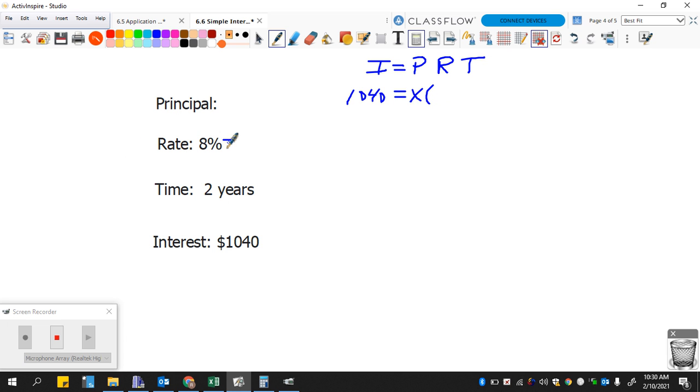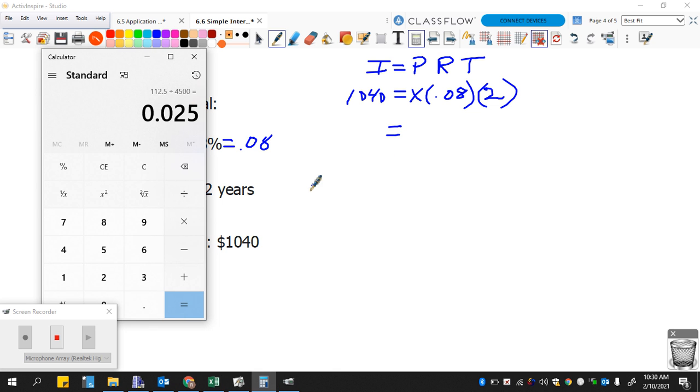If I move the decimal 2 times, that's 0.08, times the time, which is 2. So 0.08 times 2 is 0.16.